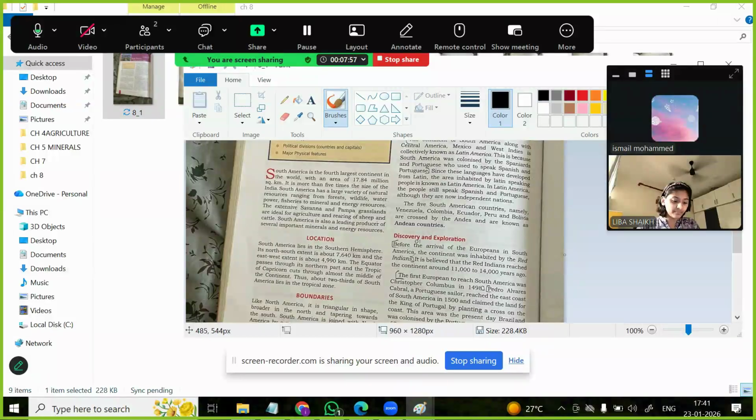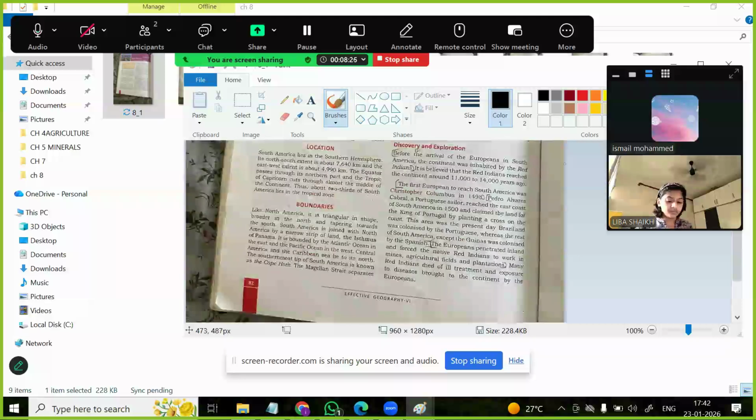So South America is the fourth largest. What is its area? 17.84 million square kilometers. It is five times the size of India, and it has a wide variety of natural resources like forest, wildlife, water, fisheries, minerals, energy resources. So this is a small introduction about it.